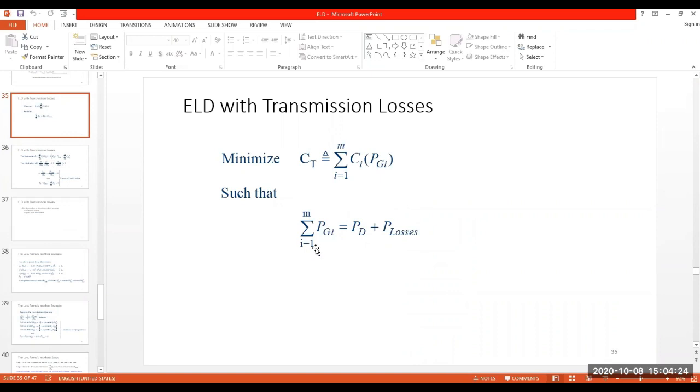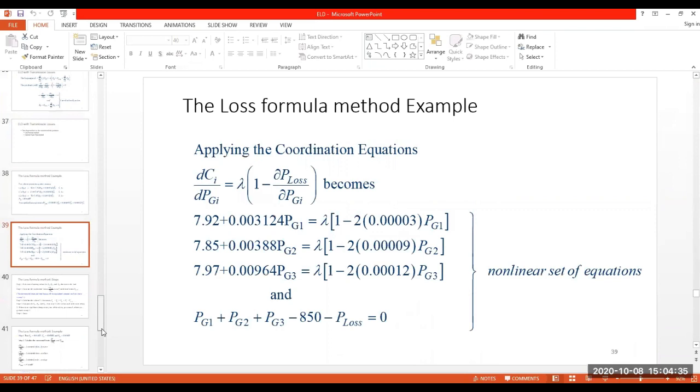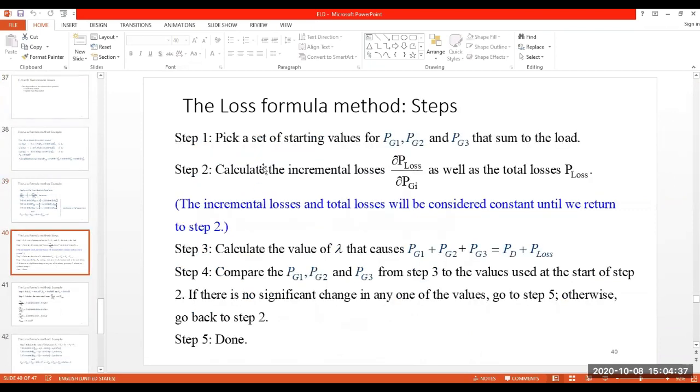Remember, we don't have the limits on the PGs here. But in this step of the loss formula method, if you have the limits given in the problem statement, whatever value you pick in step number 1, the values of PG1, PG2, and PG3 should be within the limits.